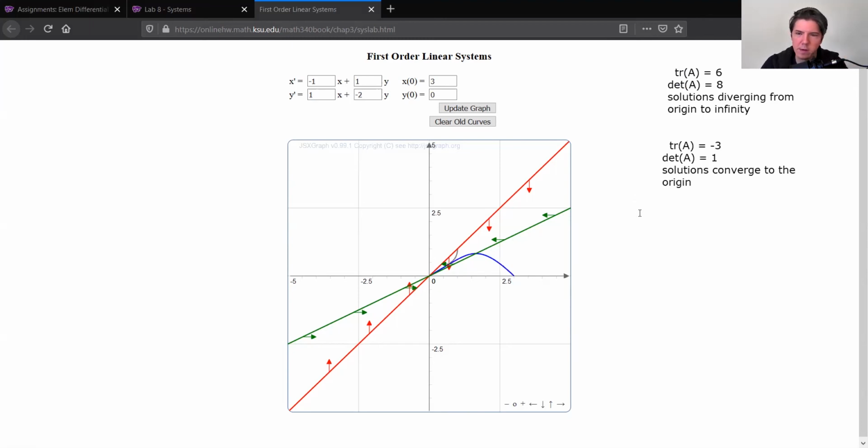I guess the only thing I'll say is you might want to consider various types of algebraic relationships, such as you may say, oh, when the trace of A is greater than the determinant, this is not necessarily going to be useful, but just to give you a sample, you might say when the trace of A is the determinant of A, I predict that means we'll have solutions converge. That might be a possible conjecture.